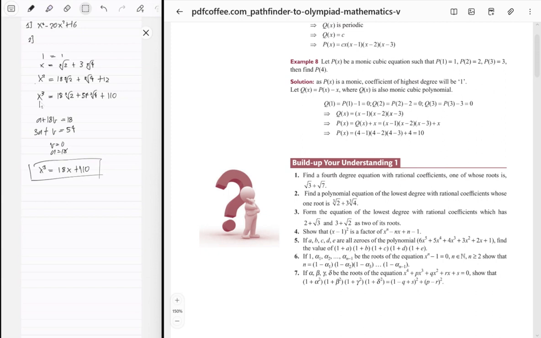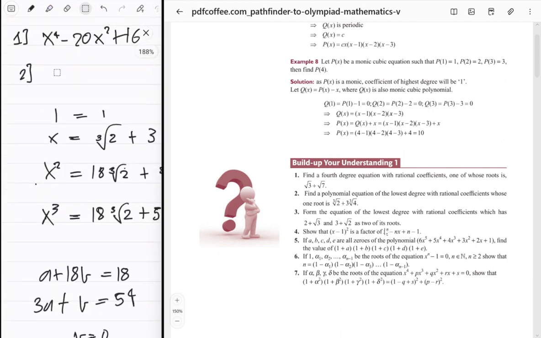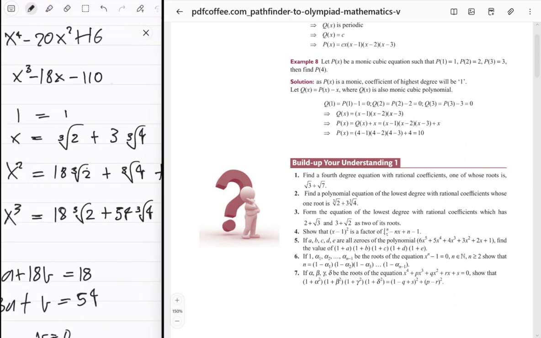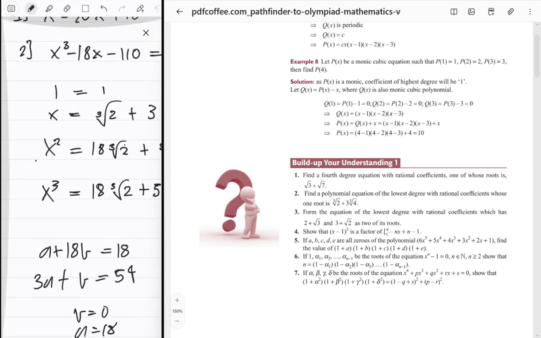So that explains everything, right? That explains why this is the minimal polynomial. Okay, cool. So we got x cubed minus 18x minus 110. That's the equation. Cool. Next.